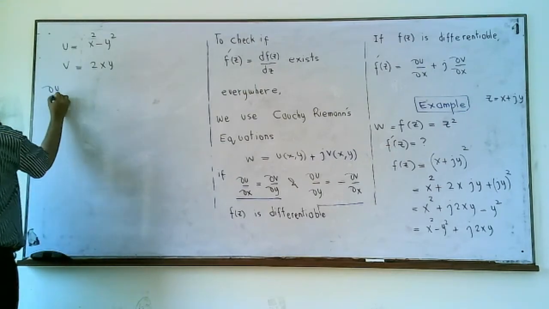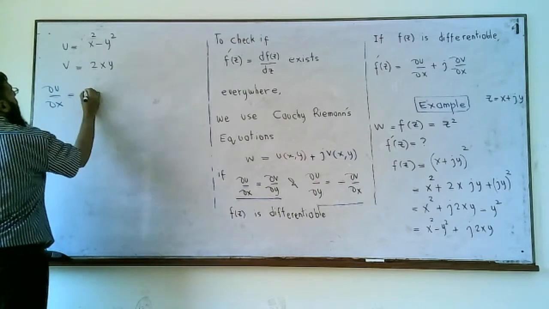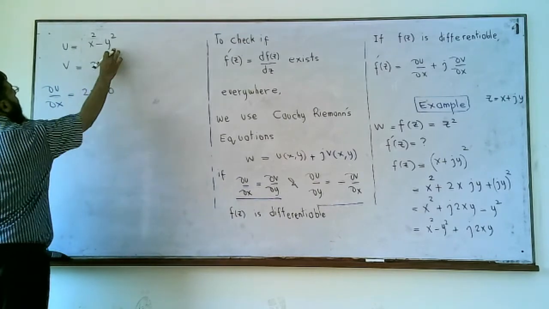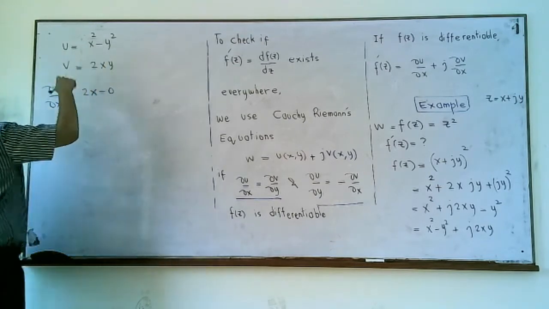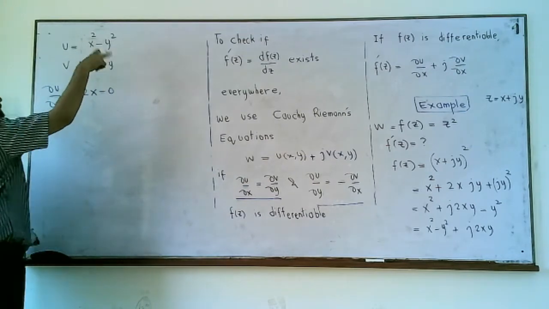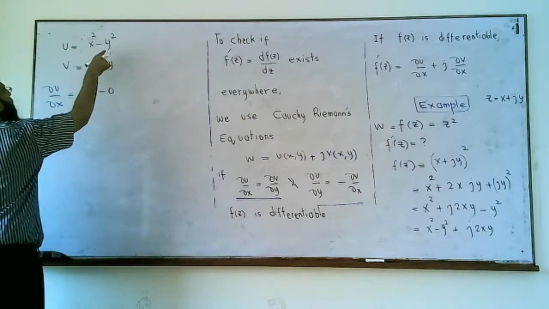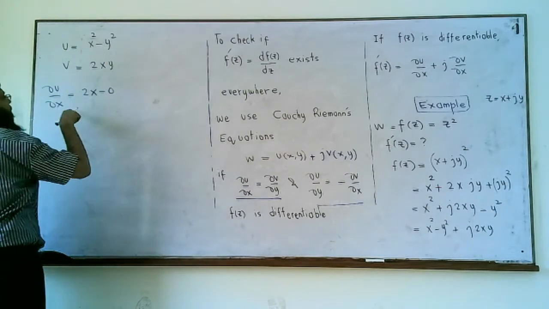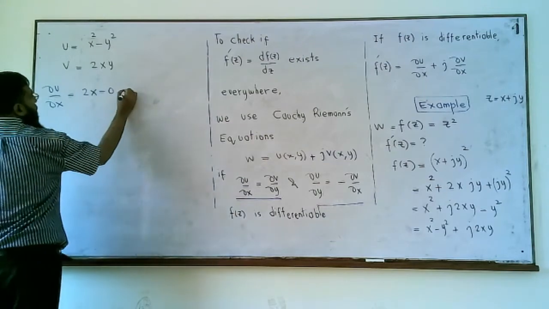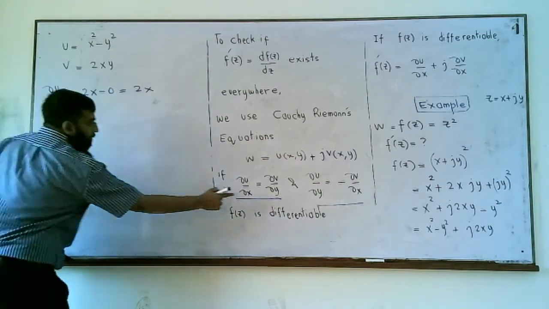So partial u over partial x is 2x minus the derivative of y squared. When we are computing the derivative with respect to x, all other variables are treated as constants. So y squared is constant, and the partial derivative of a constant is 0. So it comes out to be 2x, and partial v over partial y.